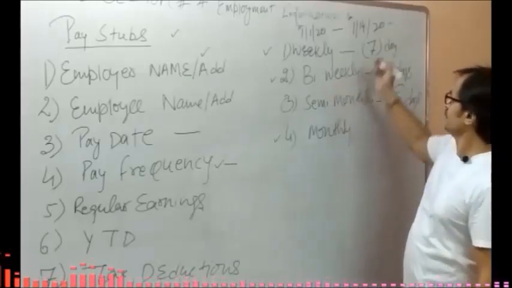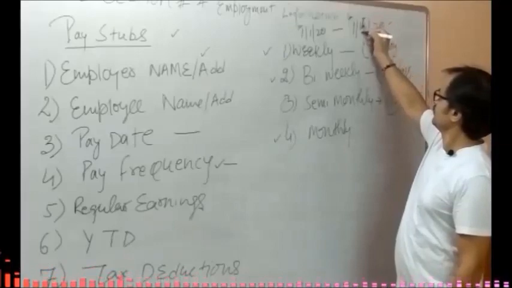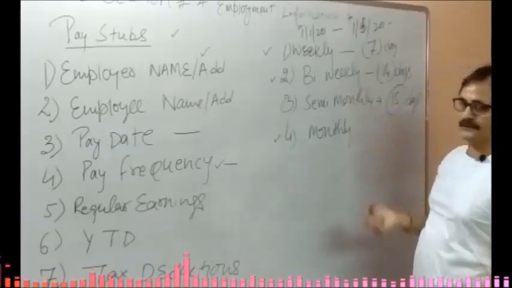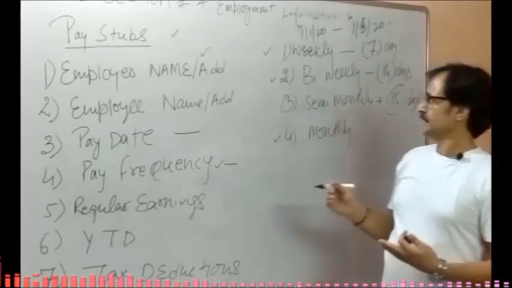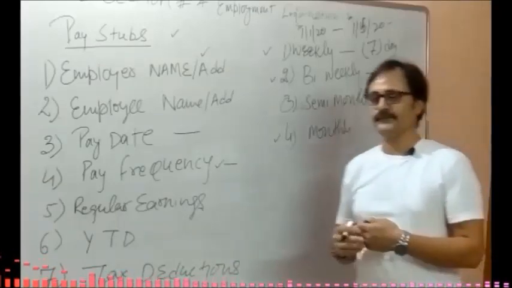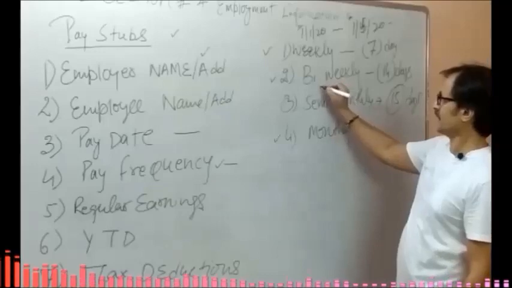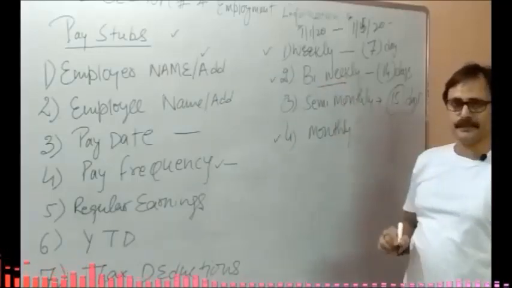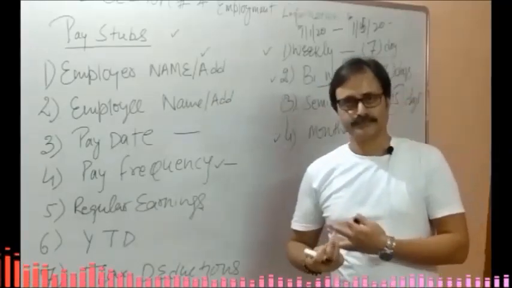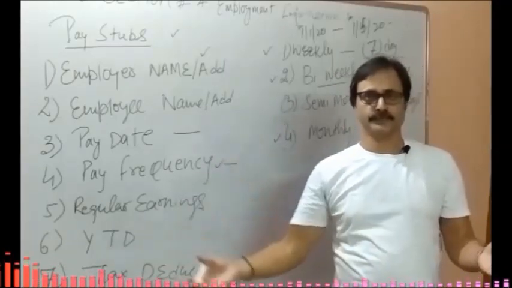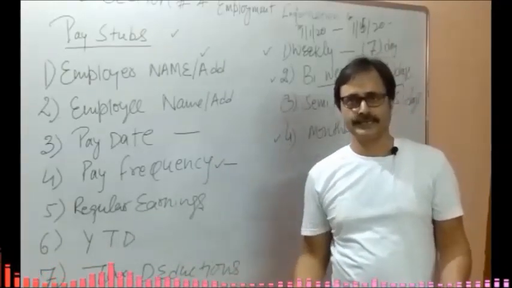And if it covers up to the 15th, that means it is semi-monthly. In semi-monthly we are paid twice in a month. Even in bi-weekly we are paid twice in a month, because 14 days plus 14 days covers almost 28 days.